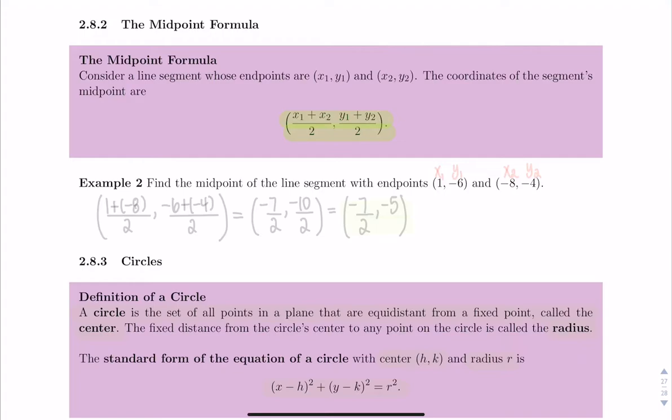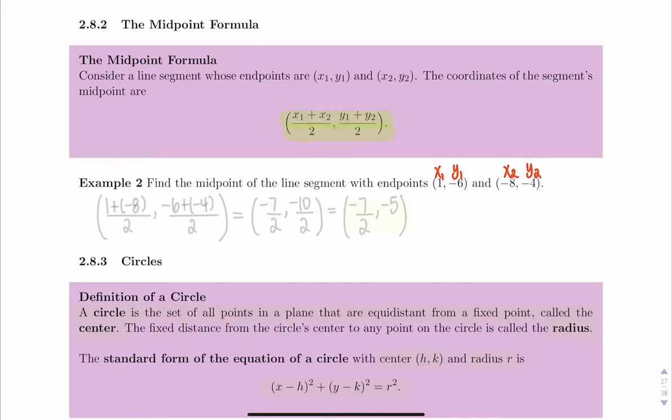So let's go ahead and find the midpoint of this line segment with the points 1, -6 and -8, -4. So x1 is going to be 1 and y1 is -6, and x2 is -8 and y2 is -4.